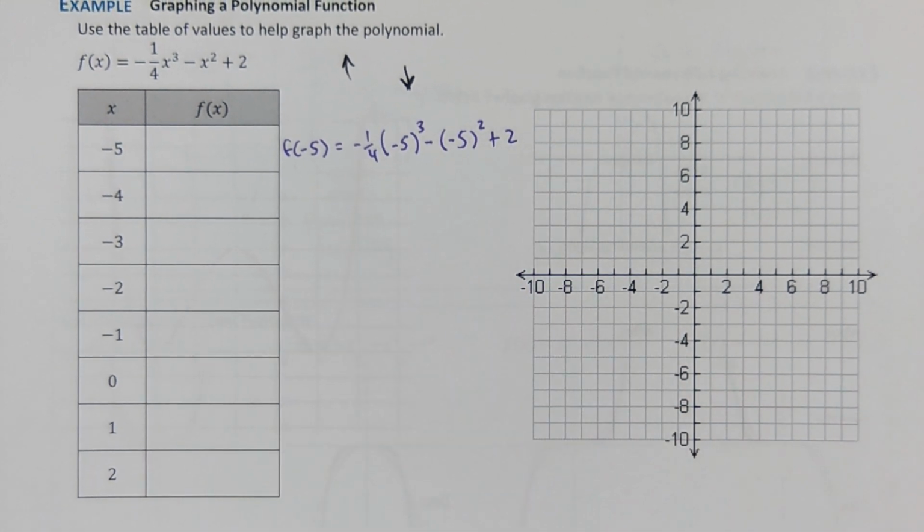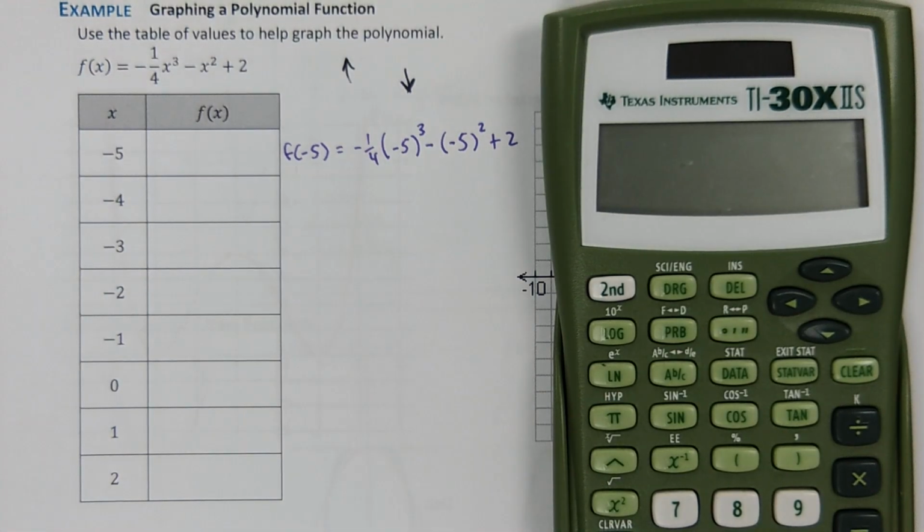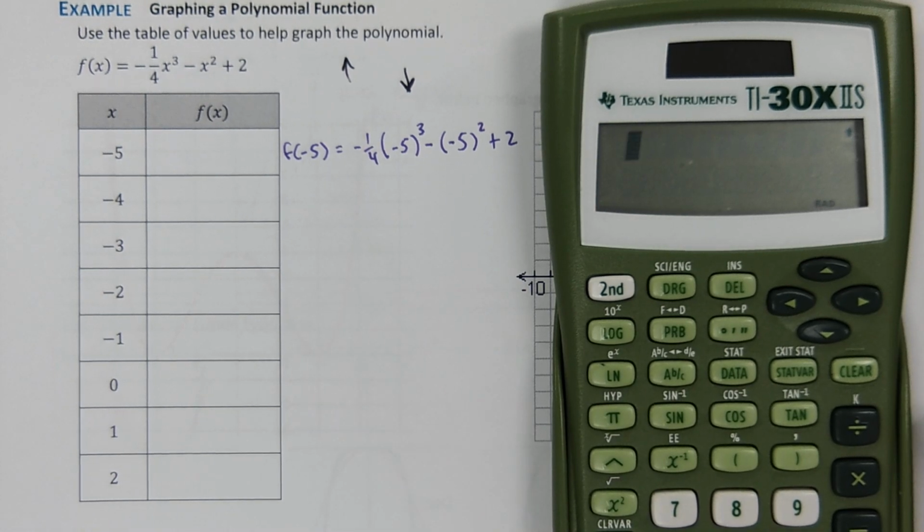I'm going to put this on a calculator. Boop. Be very careful about how you type it. Make sure you get it right the first time. Because if you're using one of these scientific calculators like this, you'll never have to type it again. You can just copy, paste, and edit it. Now, if you're using the battery-operated calculator, you're going to be typing it every single time.